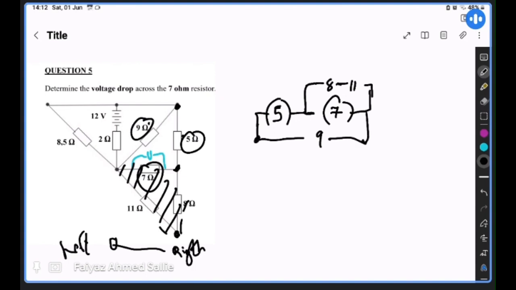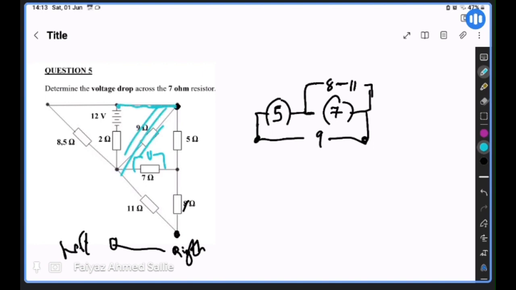You can see this point and that point is the same as this point and that point. After the 9, we're going down here. So we are done with this.